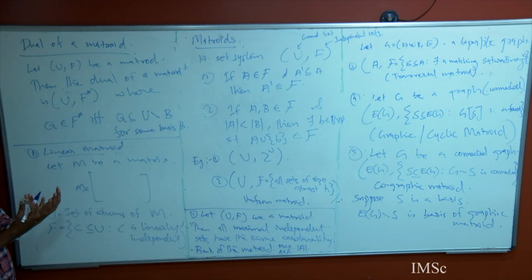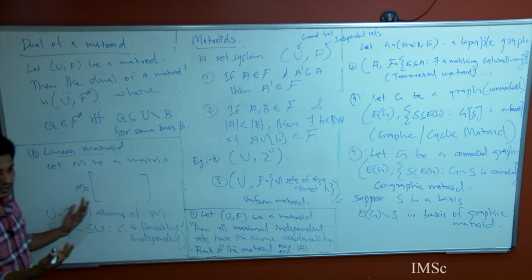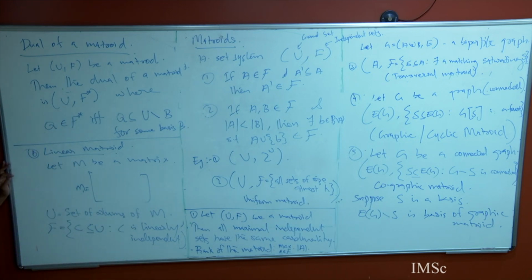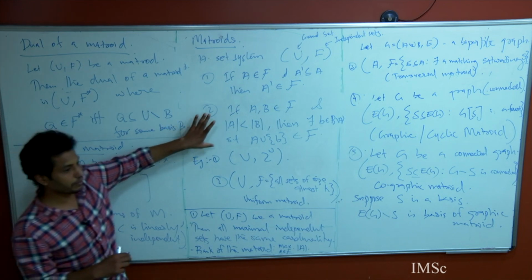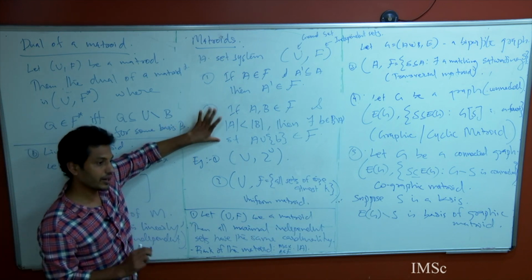If I have two sets where both of them are linearly independent, then at least one of the vectors in the second set I cannot write as a linear combination using the first, right? Because it is linearly independent and has larger size, and hence we cannot do it. Is it clear? Should I explain it a bit more? Is the second property clear? Yeah. Okay.